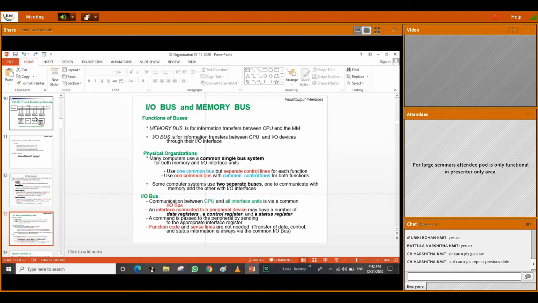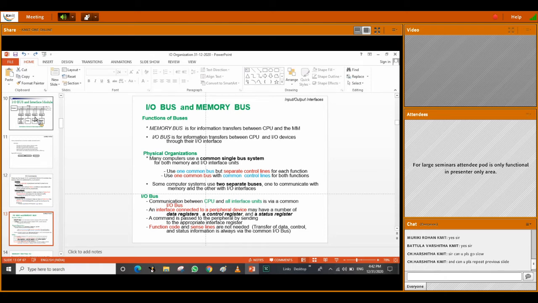Coming to the physical organization, many computers use a common single bus system for both memory and I/O interface units.